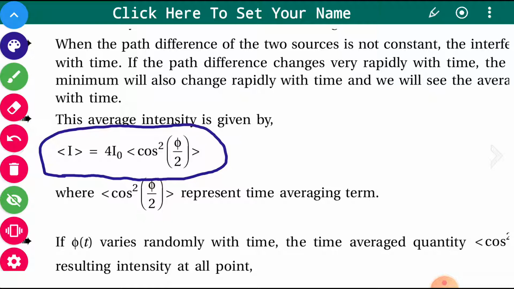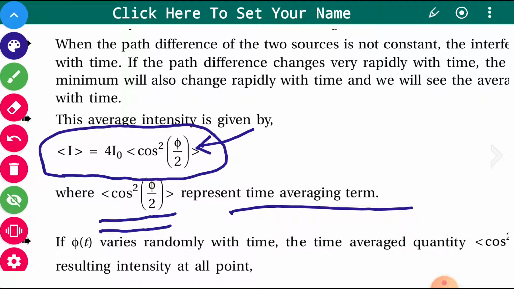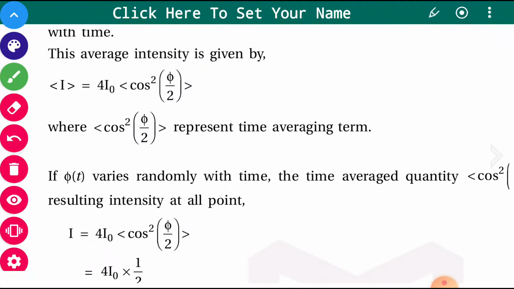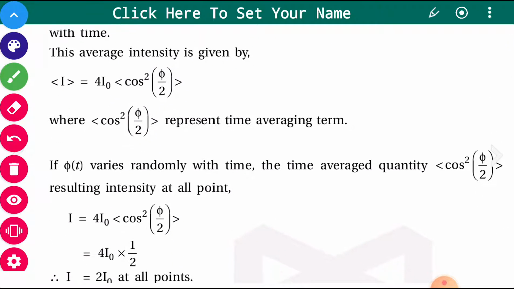Now if you want to take the average, then the average has to be taken of this function cos square phi by 2, and this symbol represents the time average term, or we take the average over a time period. If phase is a function of time, try to understand, phase is a function of time means phase changes with time randomly, okay.